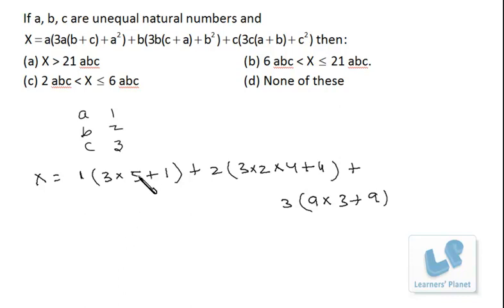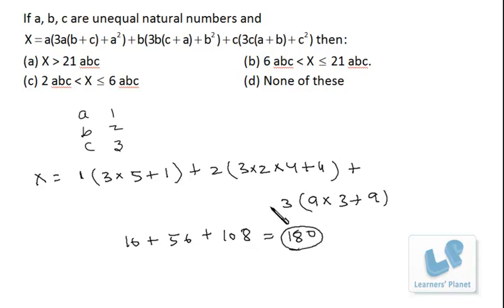Let's calculate it. 5 3s are 15 plus 1 is 16, plus this 3 2s are 6 into 4 is 24, plus 4 is 28, into 2 is 56, plus 9 3s are 27, 27 plus 9 is 36, and 36 into 3 is 108. So we get 180 over here.